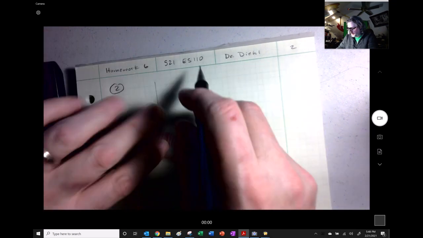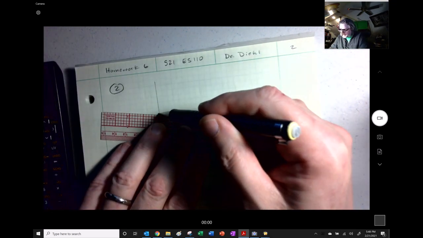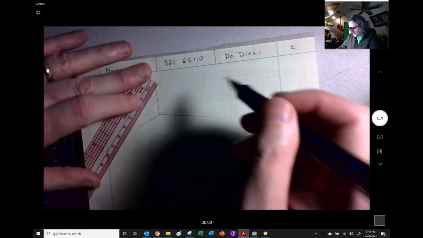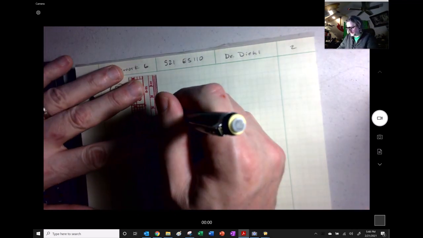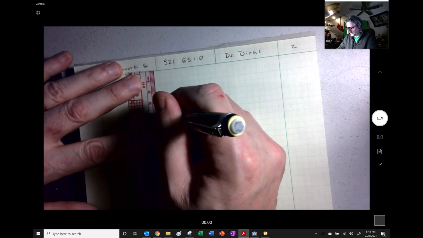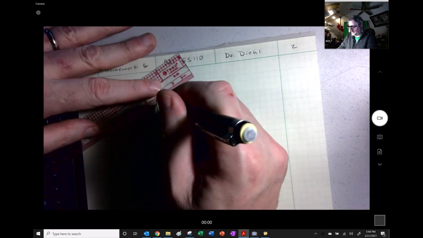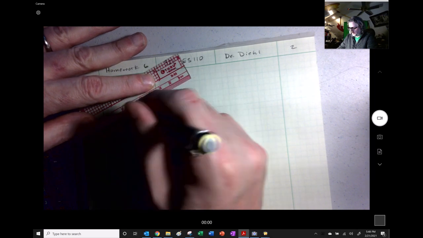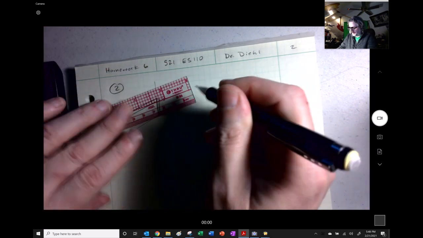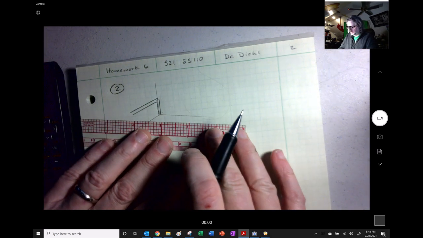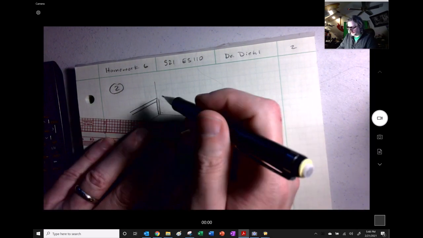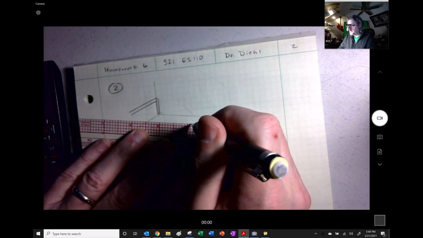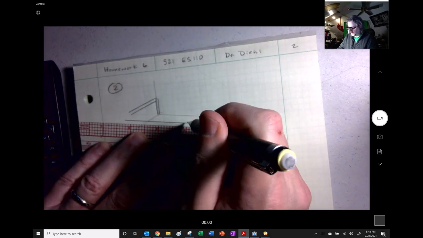Let's see, here's our coordinate system here, and our isometric, quasi-isometric maybe, and we're going to come up. We're going to go over. And then we're going to go over this one. I don't want these to overlap, so I'm going to make it over that way.